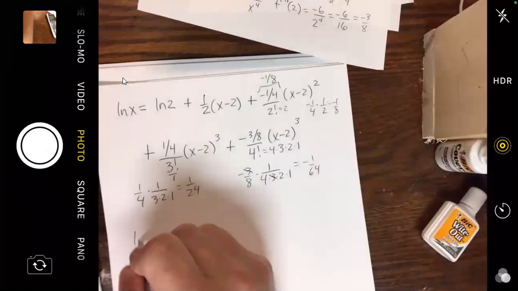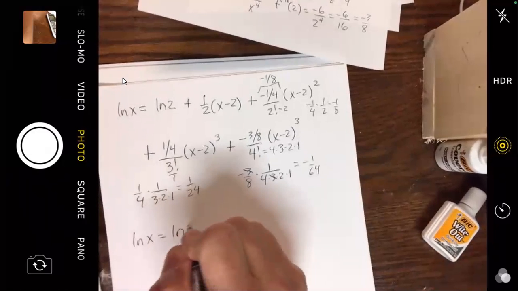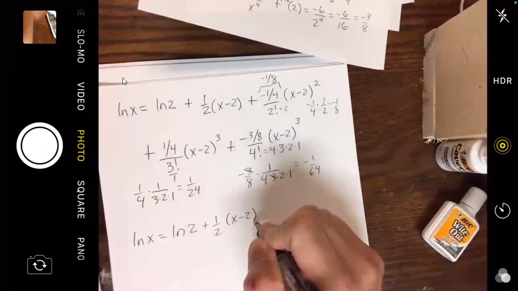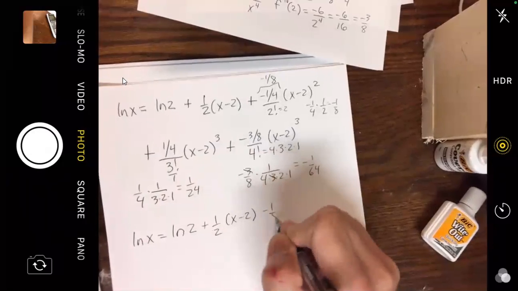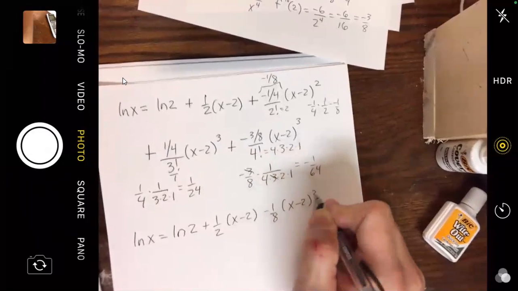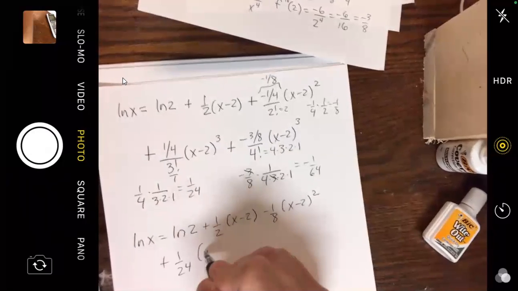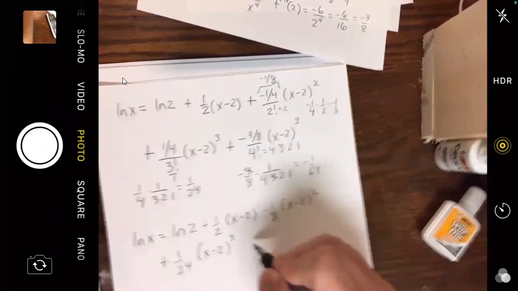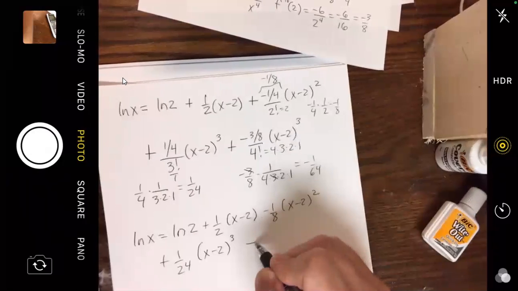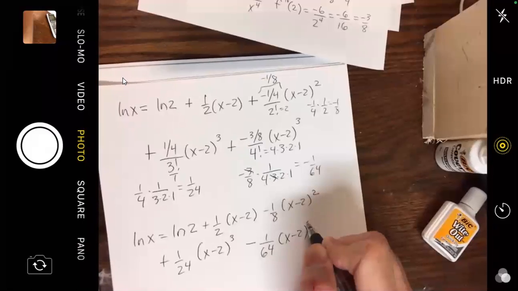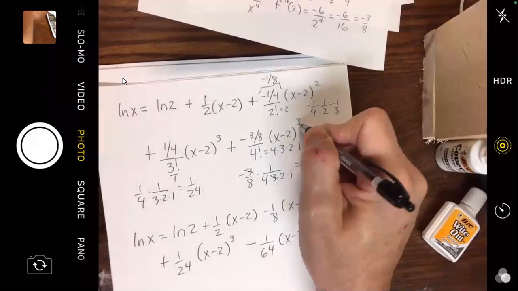So yeah, there's your log x. There's your log 2, 1/2 (x minus 2), minus 1/8 (x minus 2) squared. This one worked out plus 1 over 24 (x minus 2) cubed. And that worked out a negative 1 over 64 (x minus 2) to the, I wrote third here again, my fault, that's 4th power.